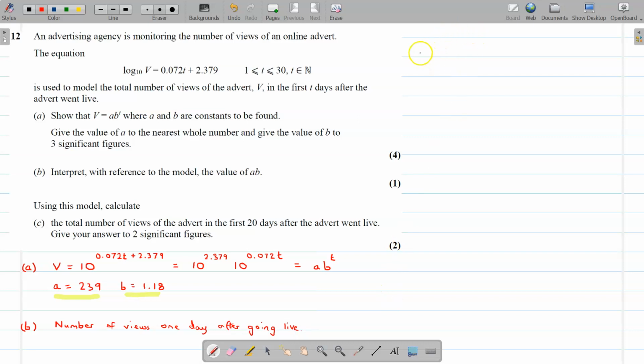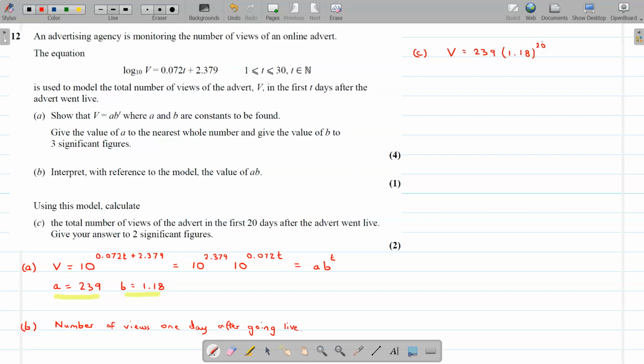Now part C, for 2 marks, simply requires you to use your values of A and B and find the number of views after 20 days. So you've just got to put V equals 239 multiplied by 1.18 to the power of 20.